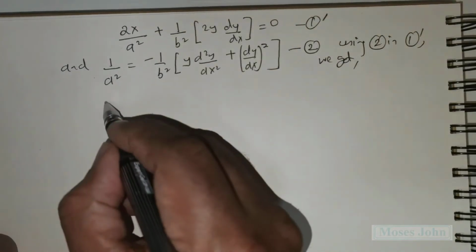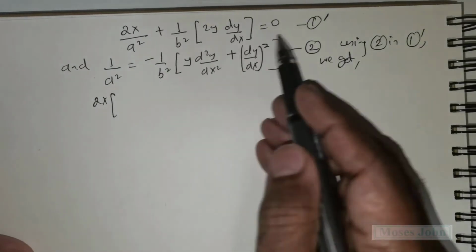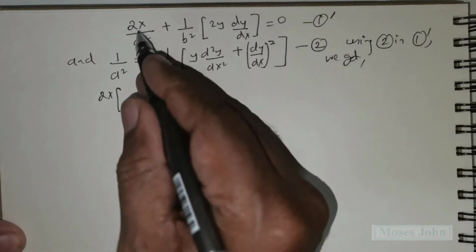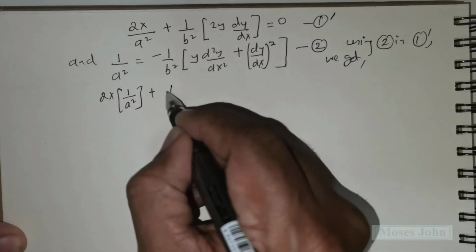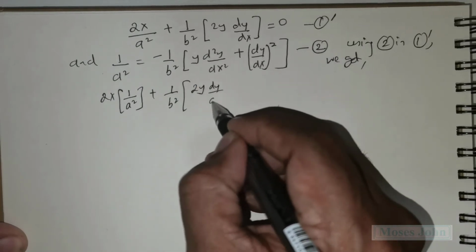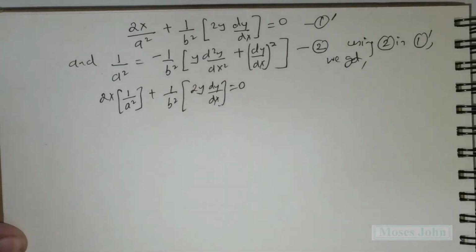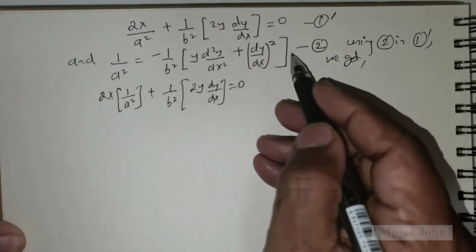So this 1 dash can be rewritten as 2x times 1 over a squared plus 1 over b squared times 2 times y times dy over dx is equal to 0. In place of 1 over a squared, I'm going to be substituting this.